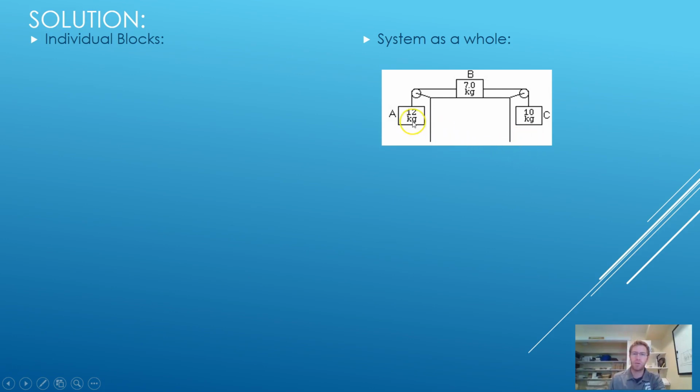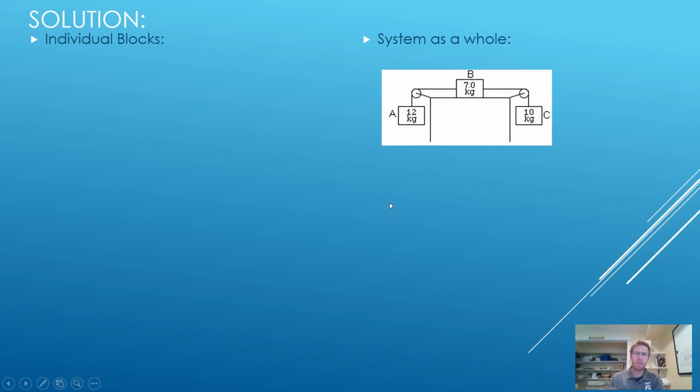I'm going to choose and say, since block A is more massive than block C, this whole system is going to move in a counterclockwise manner. So everything's going to accelerate in this direction. Block A will accelerate down, block B to the left, and block C up. That's how you would deal with the system as a whole, and then you sum the forces on the system as a whole in that direction.